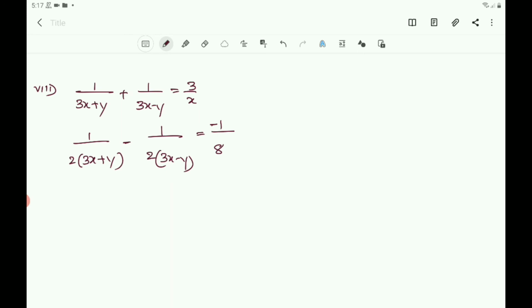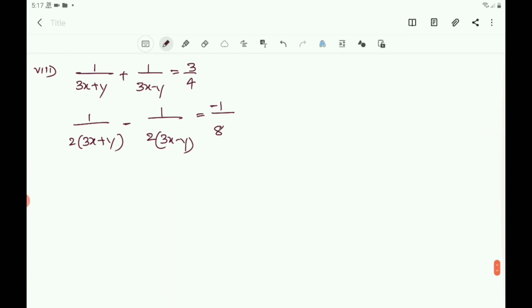And the second equation is 1 by 2 into (3x plus y) minus 1 by 2 into (3x minus y) equals minus 1 by 8. Now you take the first one, that is 1 by (3x plus y) plus 1 by (3x minus y) equals 3 by 4.